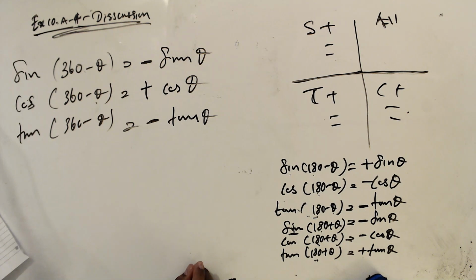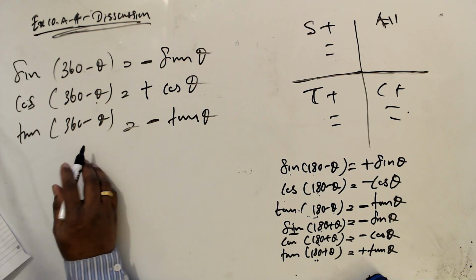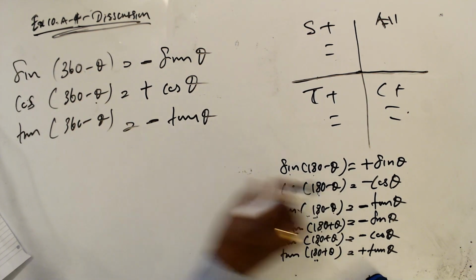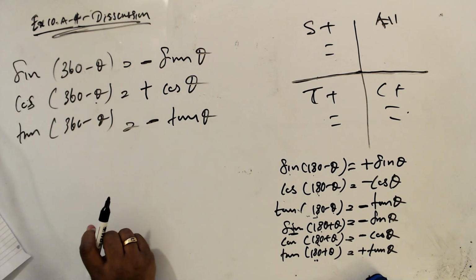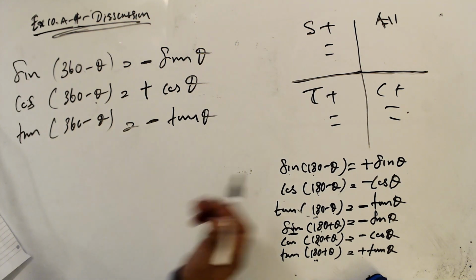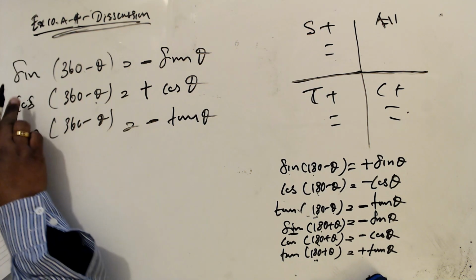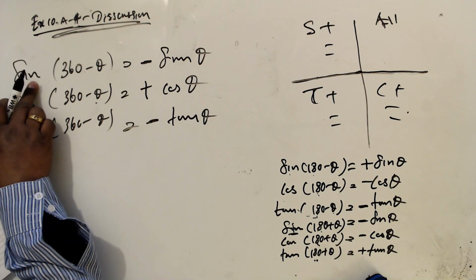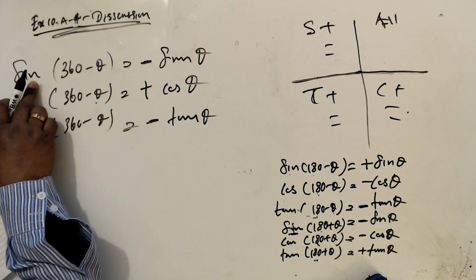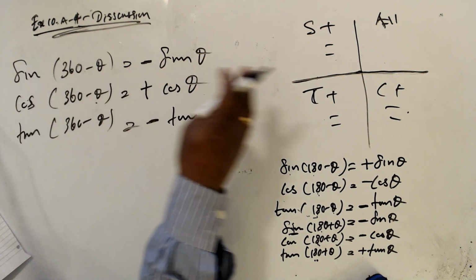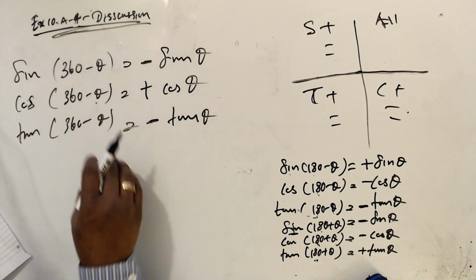That's the algorithm. If I tell again, check these angles in which quadrant. Then look at the CAST diagram and check, according to the ratio, whether that sign is going to be negative or positive.